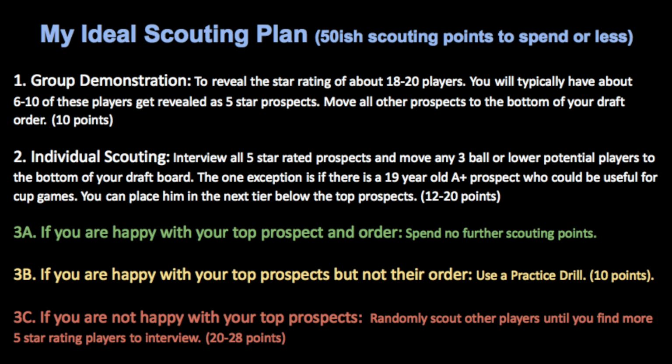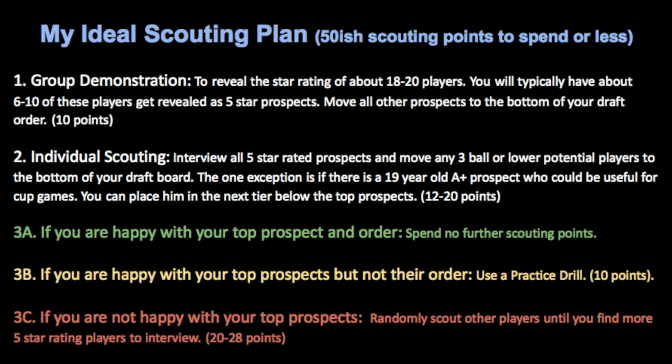Moving to the second step, you can interview all of the 5-star rated prospects, and if they're 4-ball or 5-ball potential, keep them towards the top. If they're 3-ball or lower potentials, then that's where you can also move them to the bottom of your draft board. The one exception is if there's a 19-year-old A-plus prospect that you think might be useful for cup games.